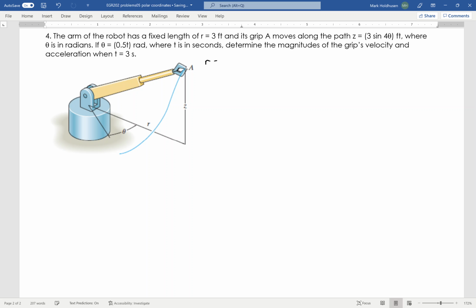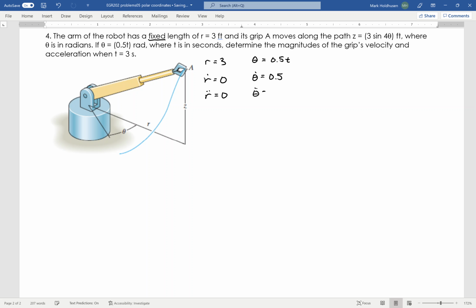So R equals 3, and it apparently stays at that distance. It's a fixed length, so that means R dot goes to 0, R double dot goes to 0. Okay, now we'll go ahead and talk about theta. Theta equals 0.5 t. Theta dot then goes to 0.5.